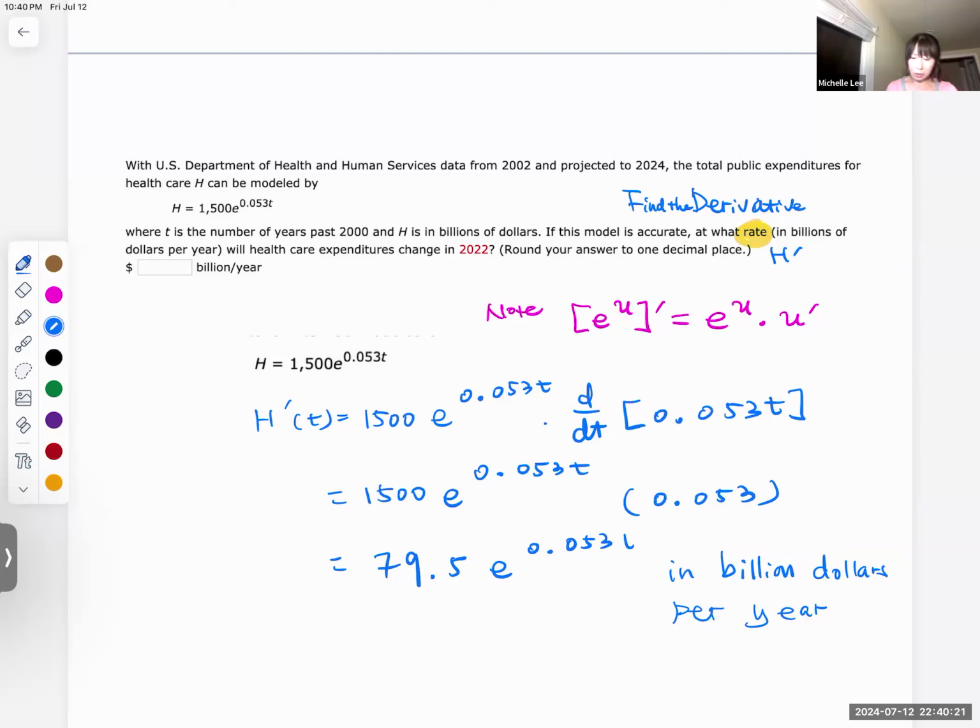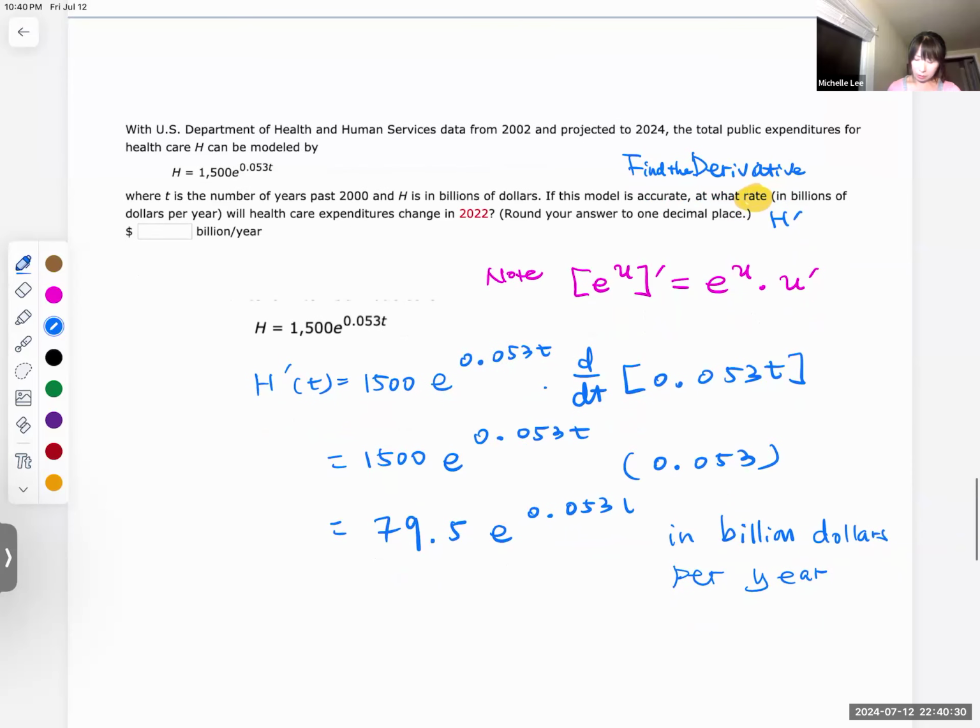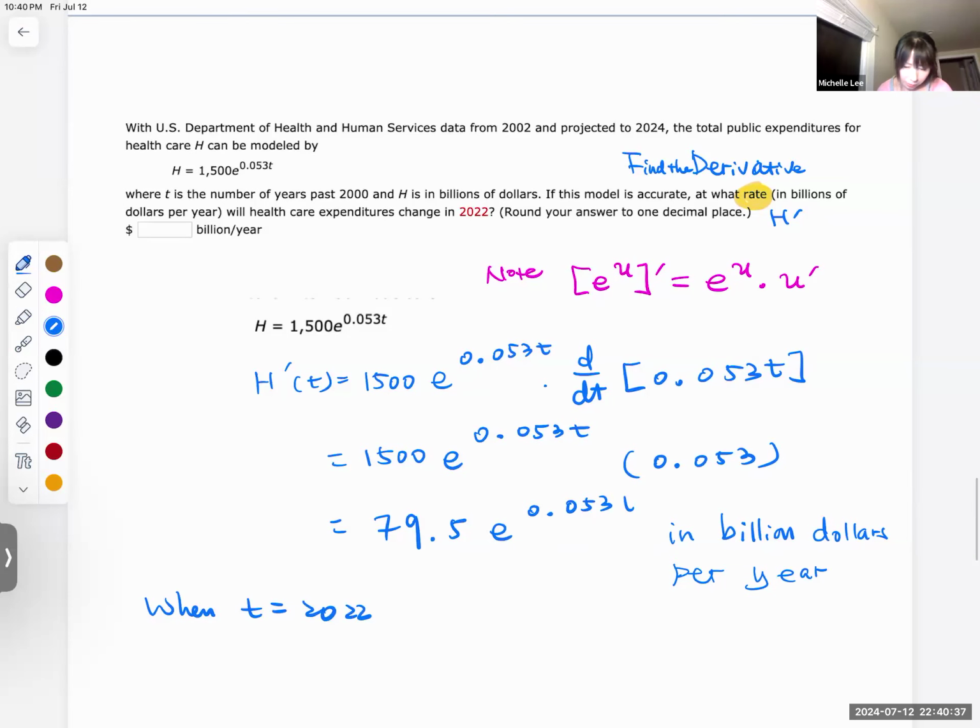Now we want to know when t equals 2022. Since they said years past 2000, we take 2022 minus 2000, so we use 22 there.